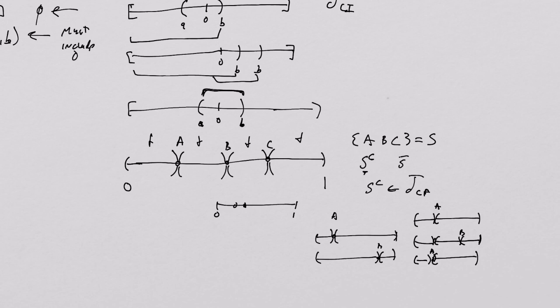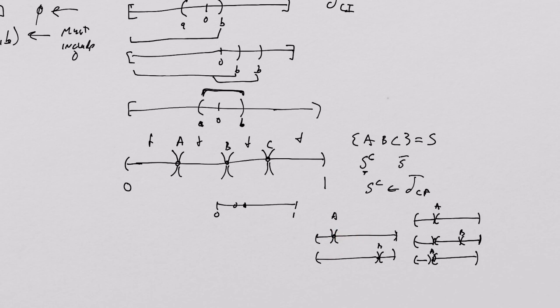How about all of the intersections? So what would an intersection look like between these kinds of sets? Well, let's just consider this one here, right? The intersection of A and B would be, well, this interval is intersected. This is not in the intersection because A isn't in B, so we would lose that point.